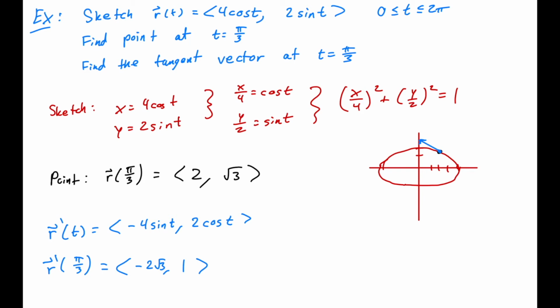It doesn't have to be exact, but what this is doing is giving us an orientation. If the position vector is coming from the origin and touching there, first things first, I want to point out these are tangent. These are at a right angle from each other.